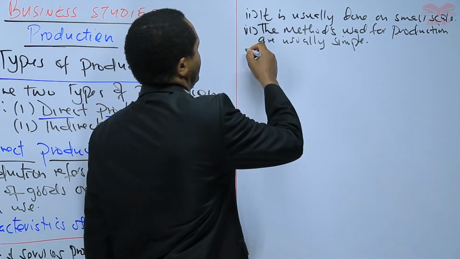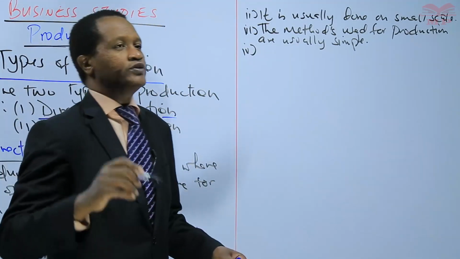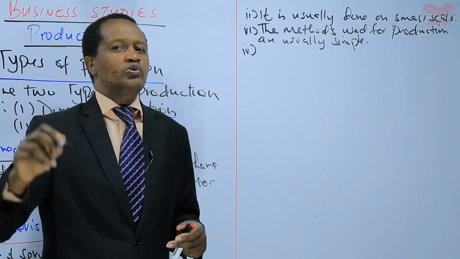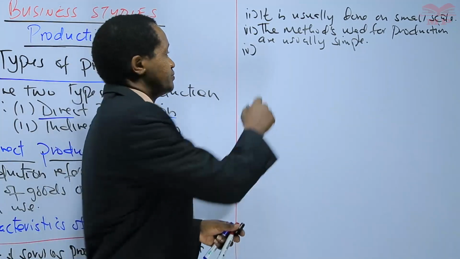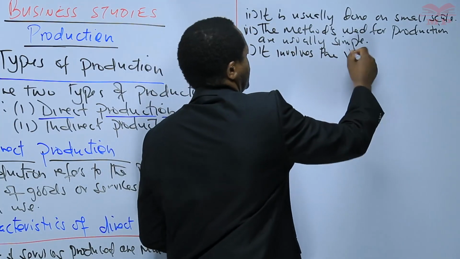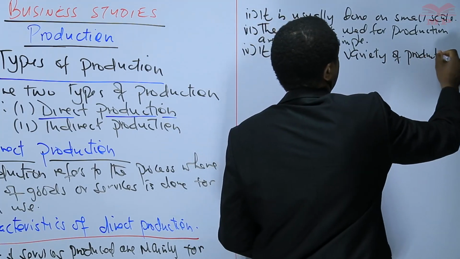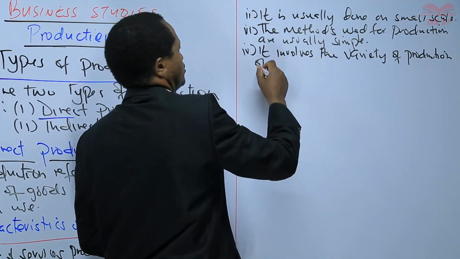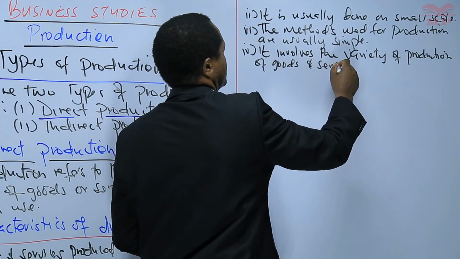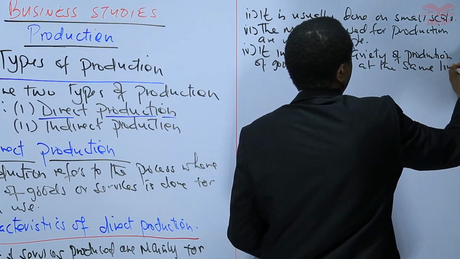Then number 4, the fourth characteristic is that it involves the production of a variety of goods and services at the same time.